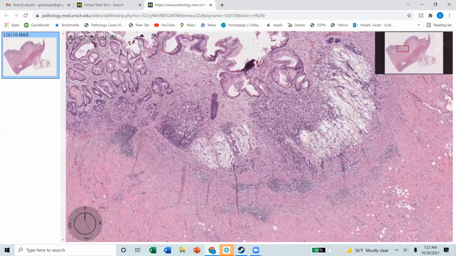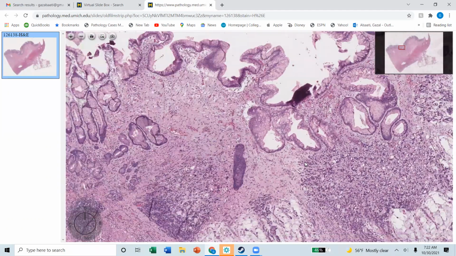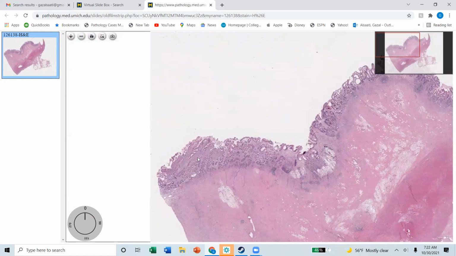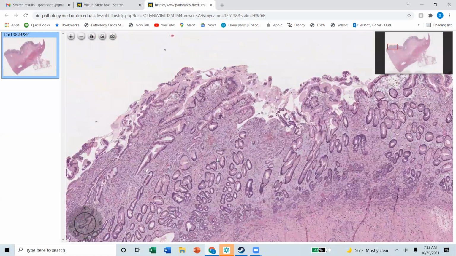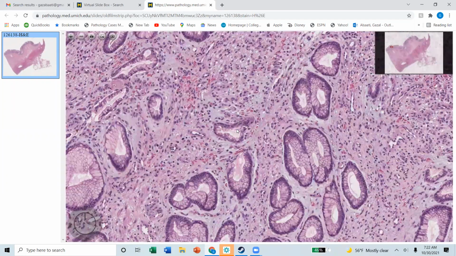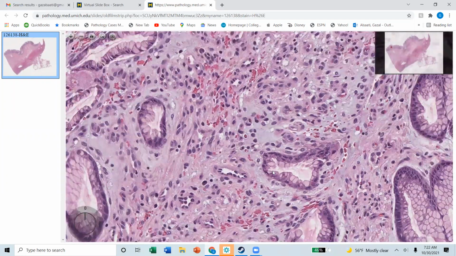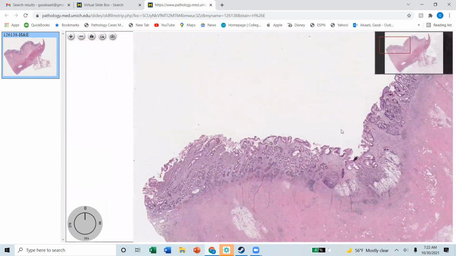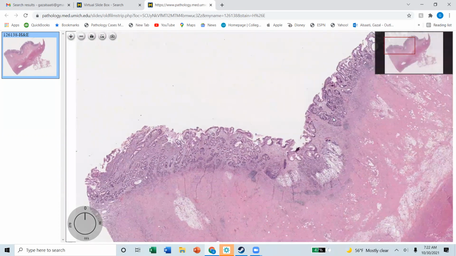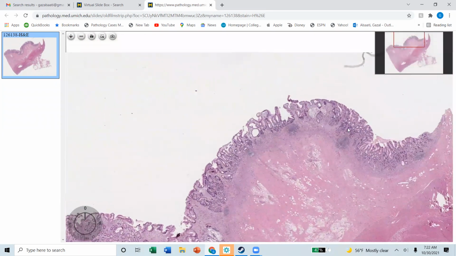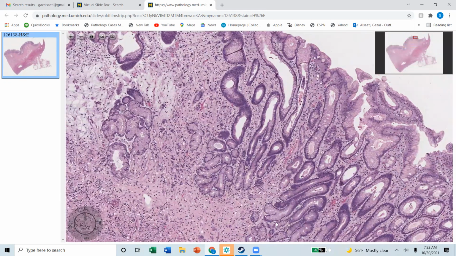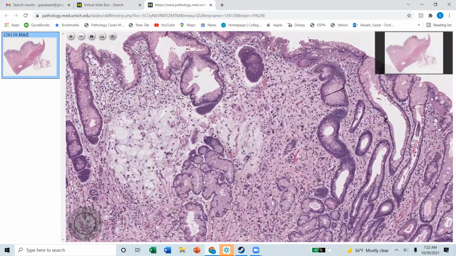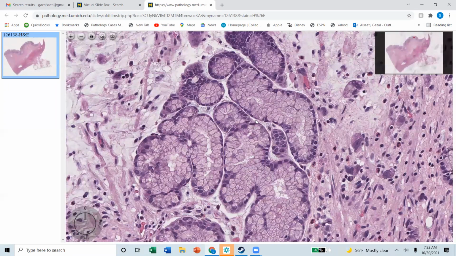Let me give one small piece of advice. Again, your low power is your most powerful tool. So on low power, you see expansion here and destruction of the pits. I see some here. So these are the foci that you need to make sure you're not missing tumor.